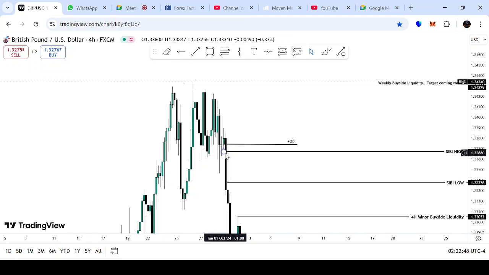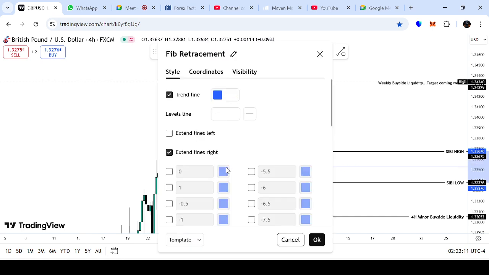So to get the 50% of this inefficiency, use your Fibonacci. Hope you can anchor your Fibonacci by now, right? So you anchor from the low to the high, the 50% level, which is the blue line.